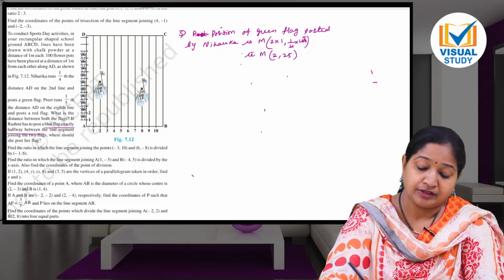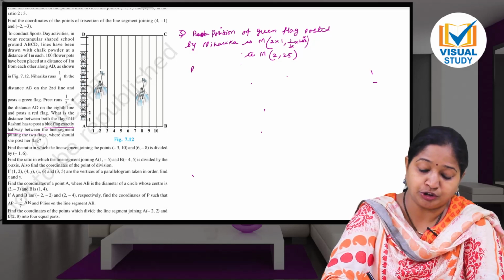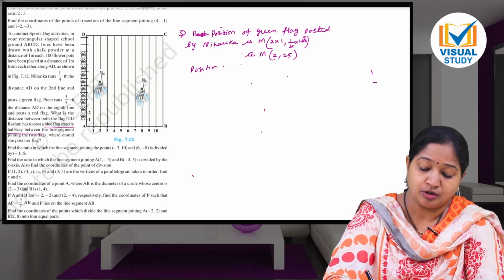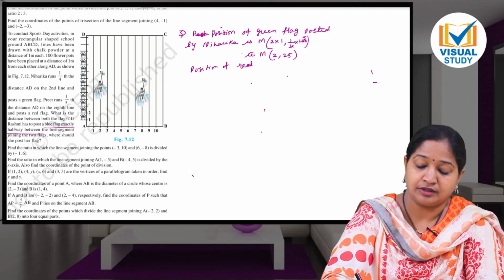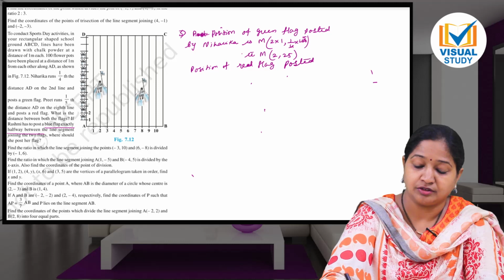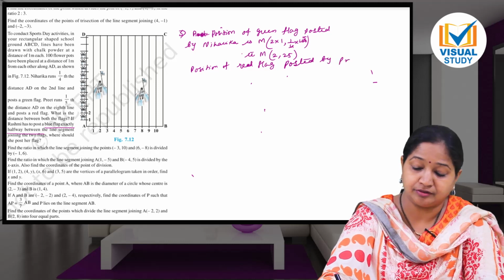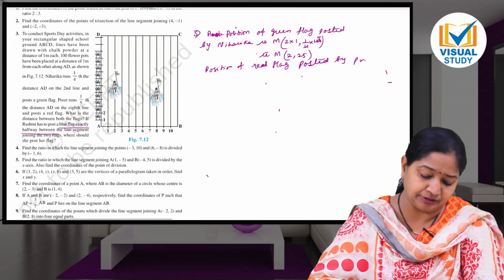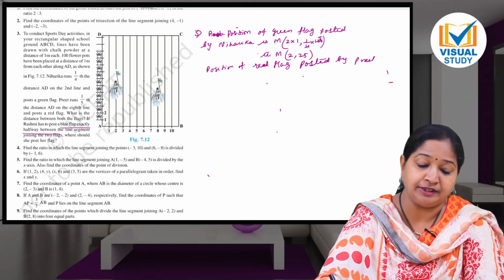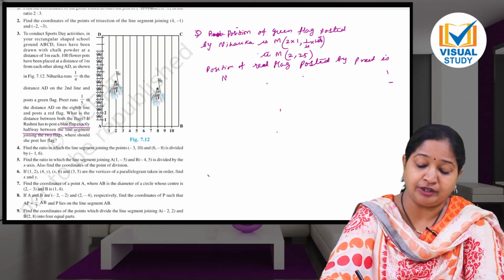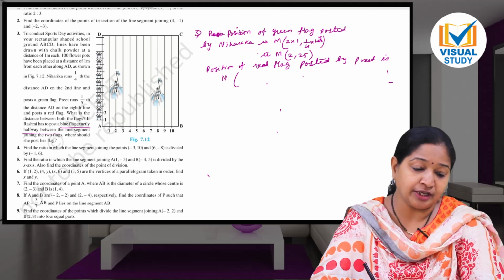Okay. And the red flag, position of red flag posted by Preet. Okay, she's Preet, no? Yes. By Preet is N point you'll get. On what line is she?